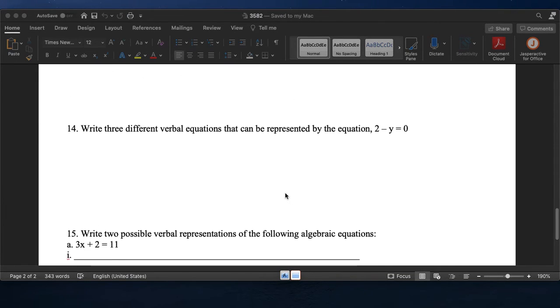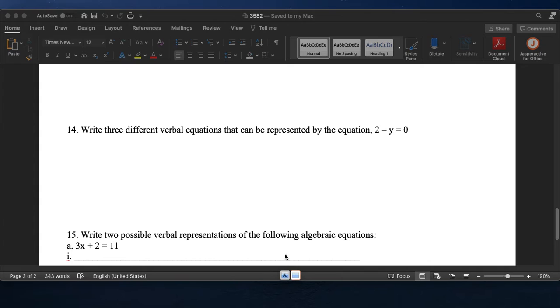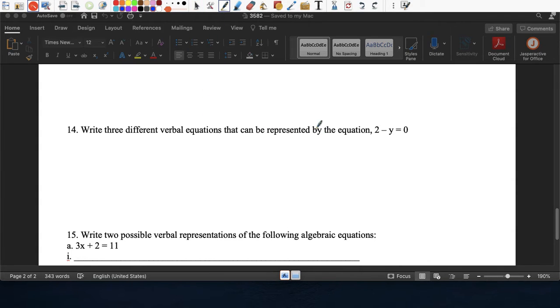14. Write 3 different verbal equations that can be represented by the equation 2 minus y equals 0. So we can write 2 minus y is 0.